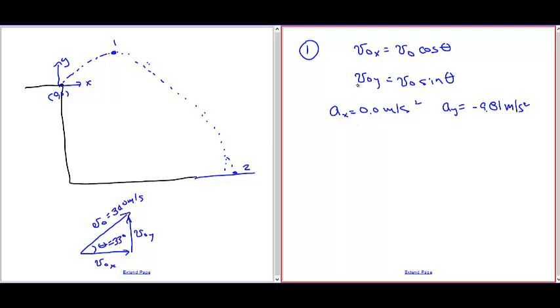So we have initial velocities and accelerations for point 1. We need one more thing, and for the y direction we know that v sub 1y, the y velocity at point 1, is 0.00 meters per second, because it's the peak. Now they're only asking us for the maximum height above the roof, which is where he throws the ball.